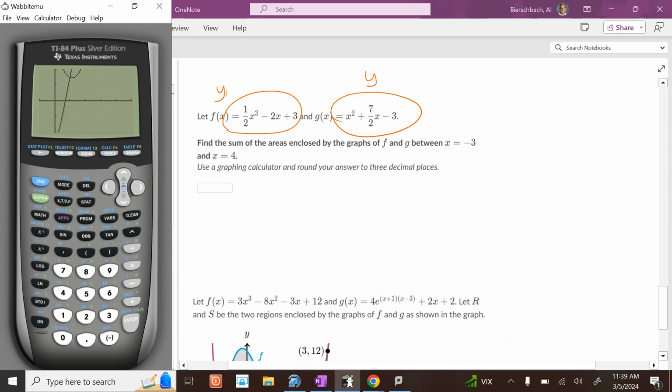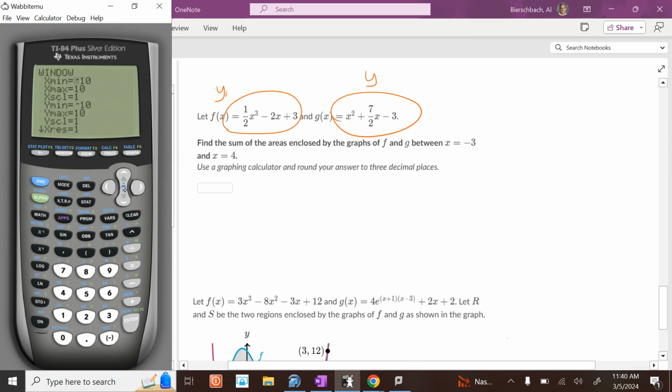Looks like I'm too zoomed in because things are happening. So I'll go zoom 6 and see what that does. Oh yeah, much better. Okay, so I'm still too zoomed in because I want to see what's happening from -3, which is where they cross there, to 4, which is up here somewhere.